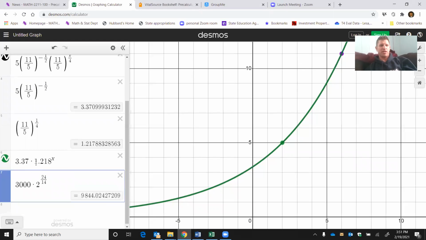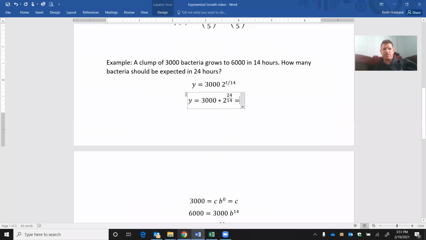And I just have to mention, if we were our parents, you wouldn't just have something you could punch in effortlessly, 2 to the 24/14, and it spits that out. Okay, so it's approximately 9,844. So the bottom line is, be glad you're doing math in this era.